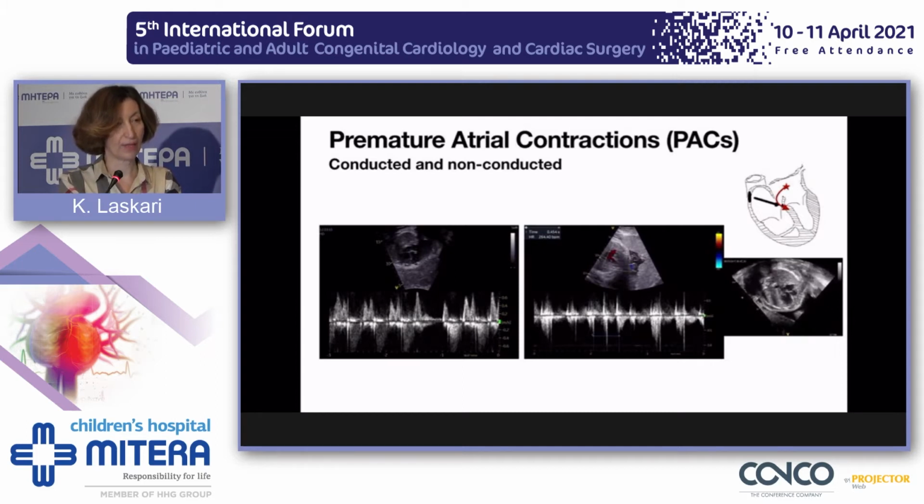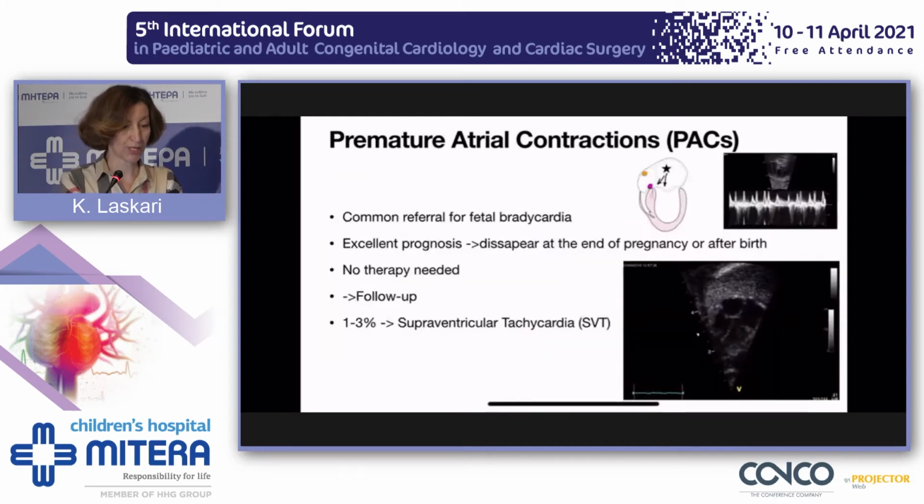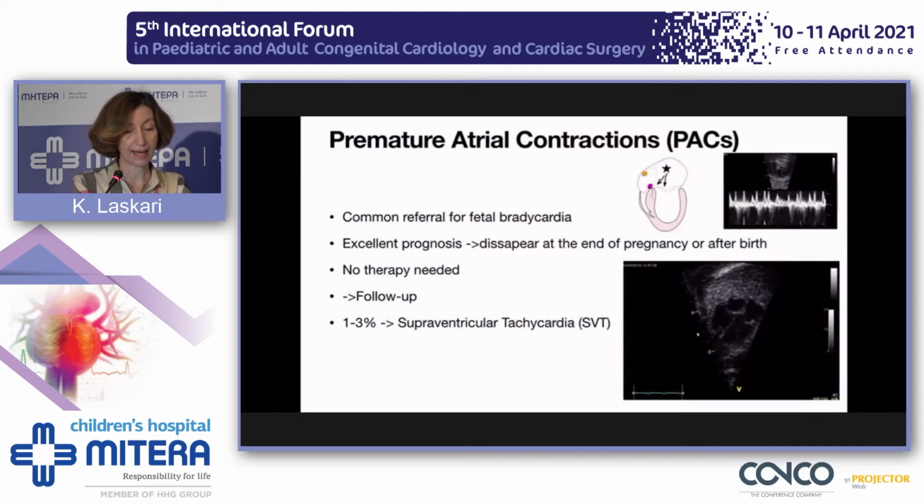On the left image, the heart rate is around 230 beats per minute. In these cases, premature atrial contractions are very benign. It is a very common referral for fetal bradycardia. It has an excellent prognosis, and usually disappears at the end of pregnancy or after birth.